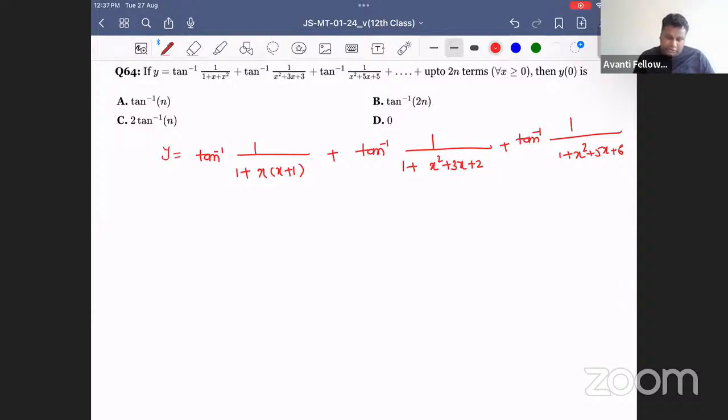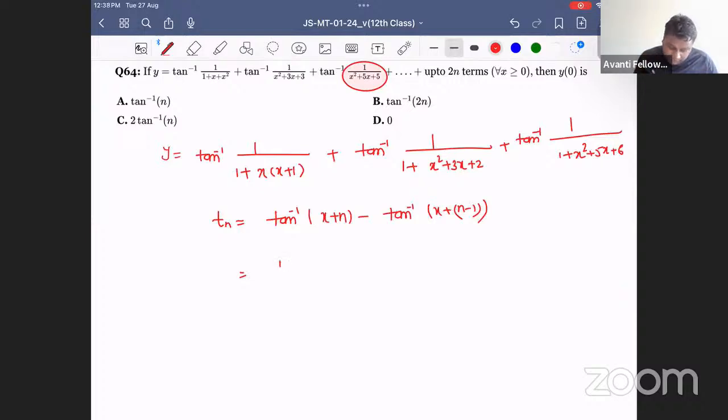It should be like this. There is some problem with this. Let me correct the problem first. I think this nth term should be something like tan inverse of (x plus n) minus tan inverse of (x plus n minus 1).